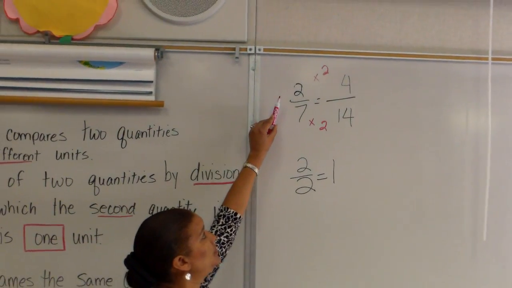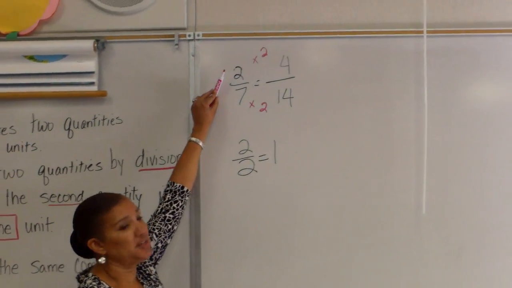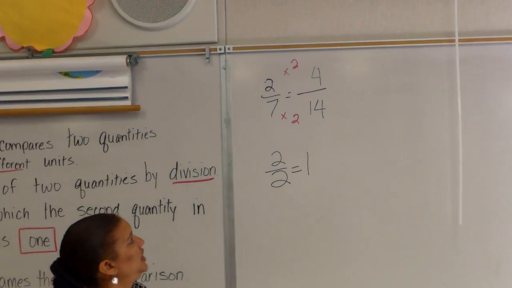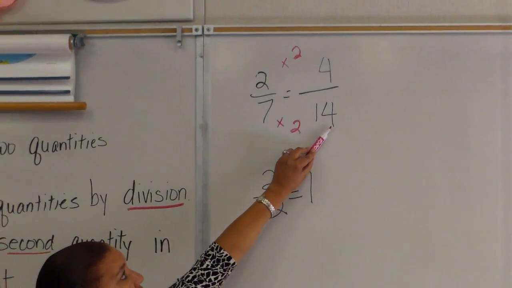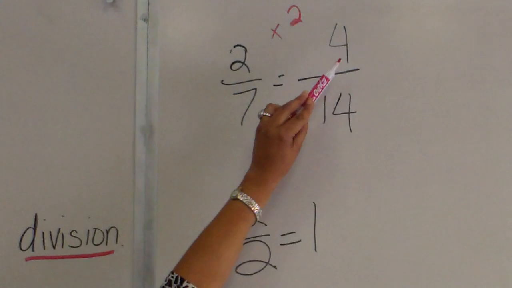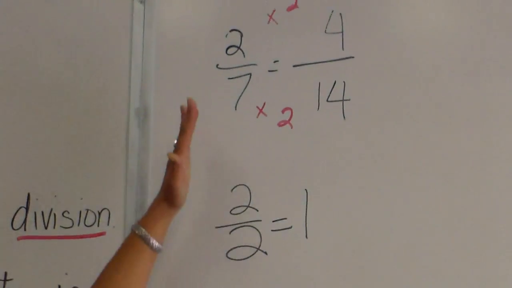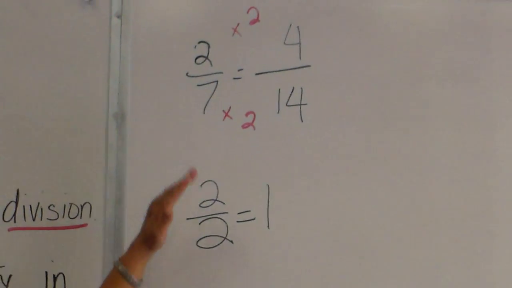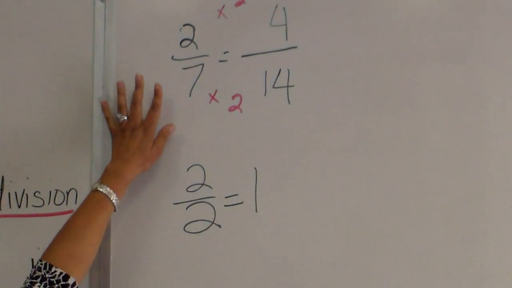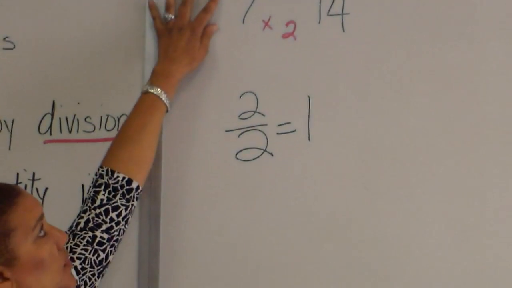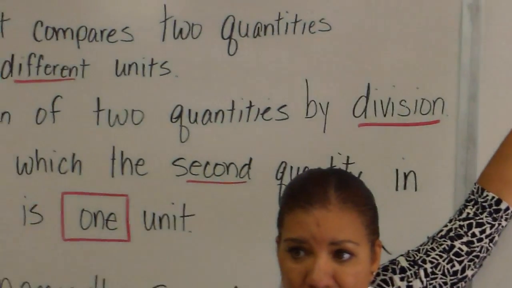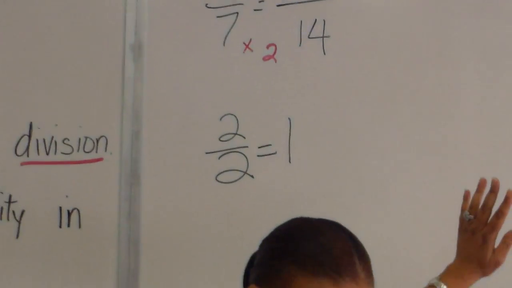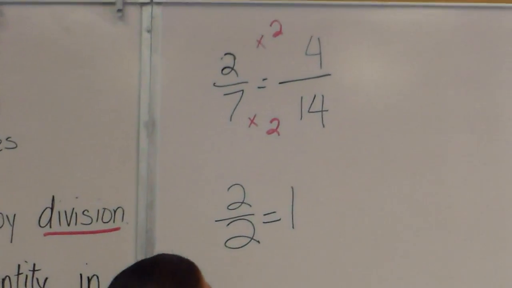So I'm multiplying each term, the top term and the bottom term, by 1. So 7 times 2 equals 14. 2 times 2 equals 4. So I'm really multiplying the terms of the top and the terms of the bottom times 2 over 2, or 1. So the equivalent ratio of 2 to 7 is equivalent to 4 over 14. It's okay? Good question. Let's do another one.